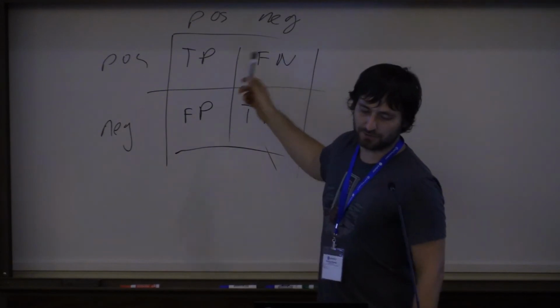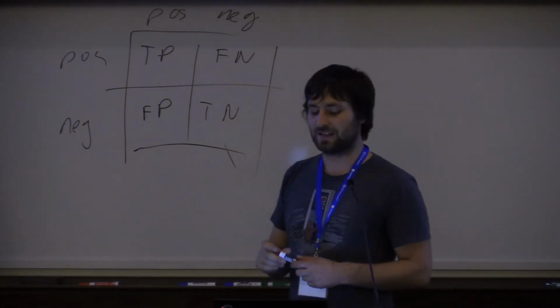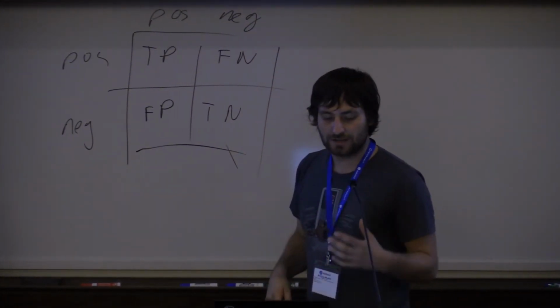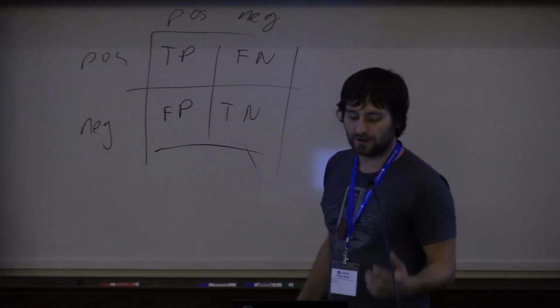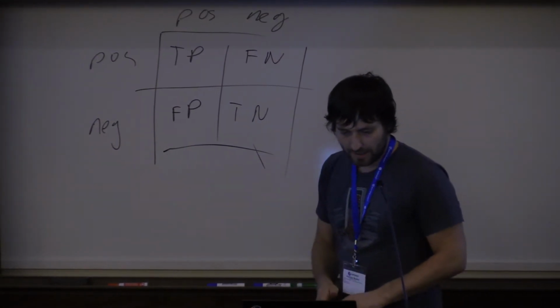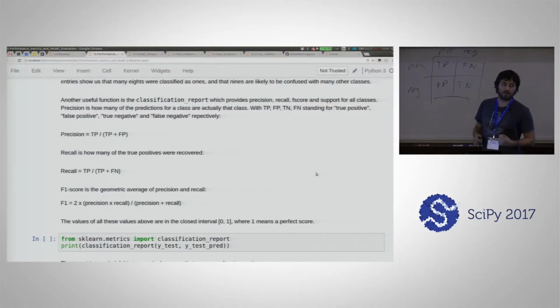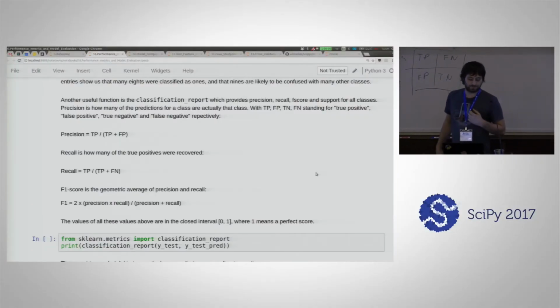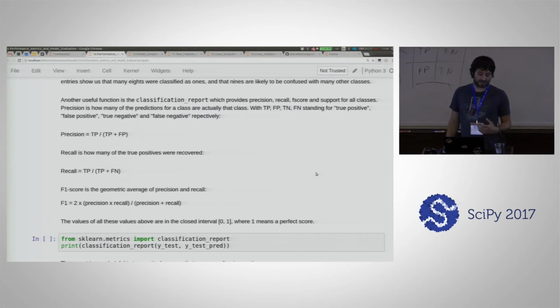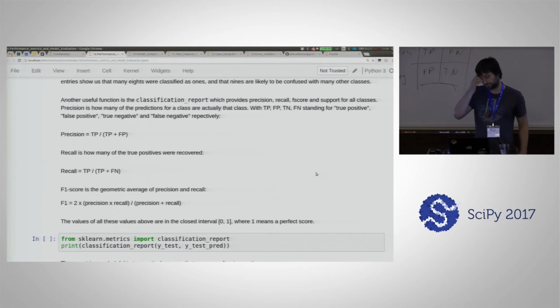Precision says, of the ones that are classified as positive, how many are actually positive? And recall says, of all the ones that are positive, how many did I get? Recall is also called coverage because it's how many did I get, and precision is how many of the ones that I got are actually true.